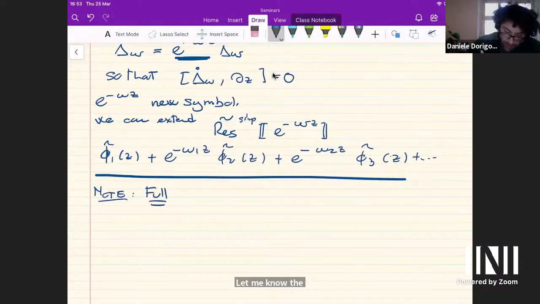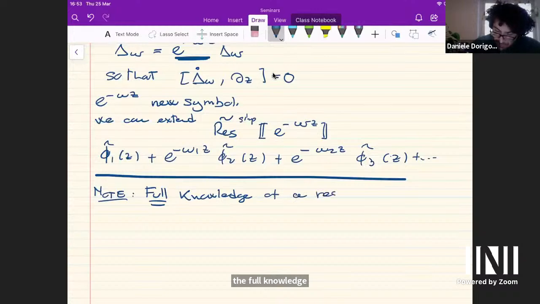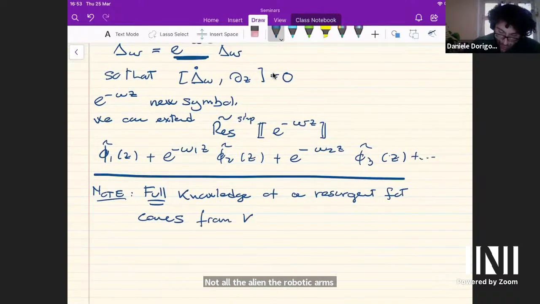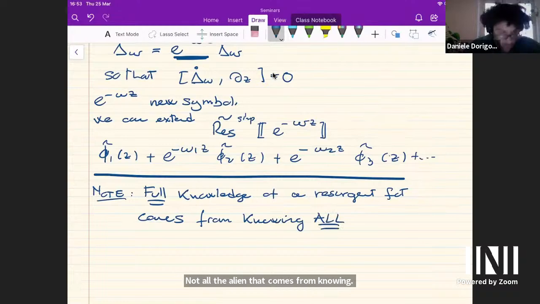The full knowledge of a resurgent function comes from knowing all its alien derivatives.